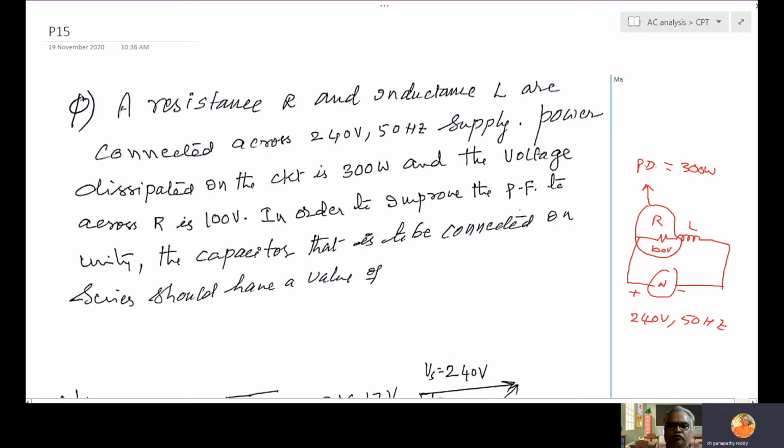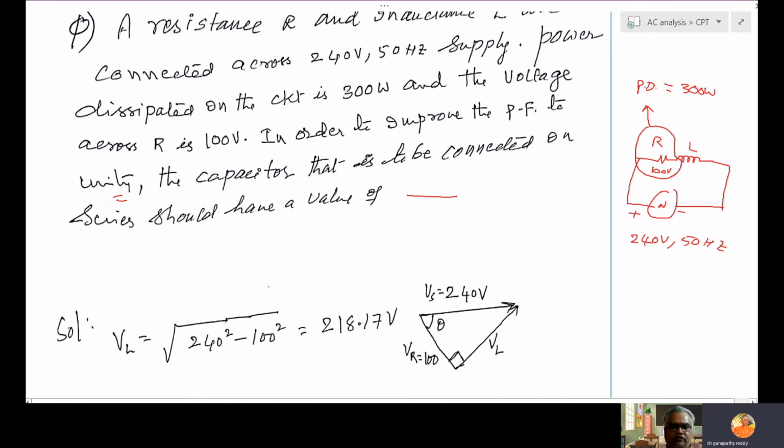In order to improve the power factor to unity, the capacitor to be connected in series should have a value of dash. So indirectly, for what value of capacitor is the circuit under resonance? Only then will the power factor be unity.